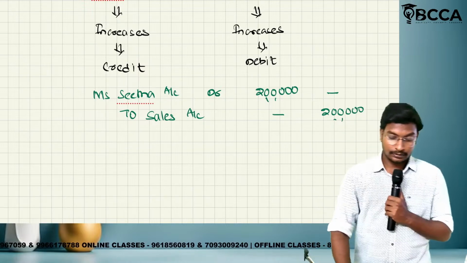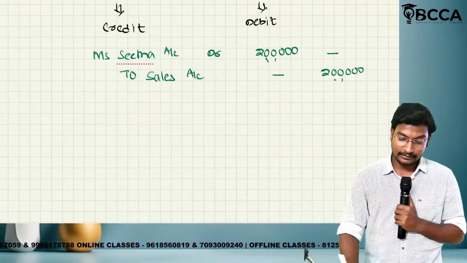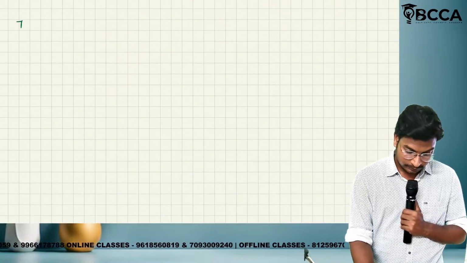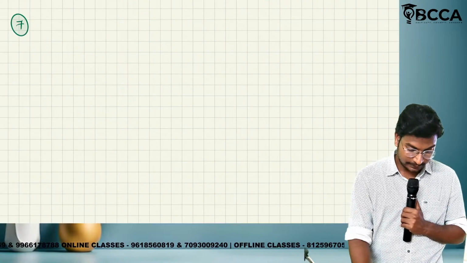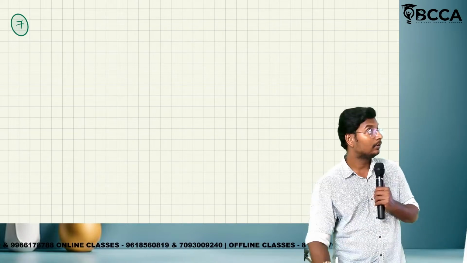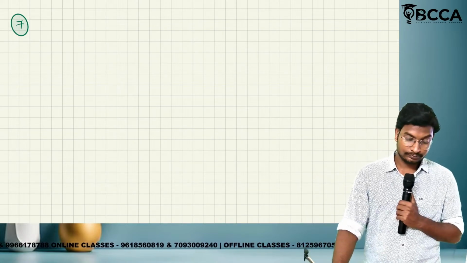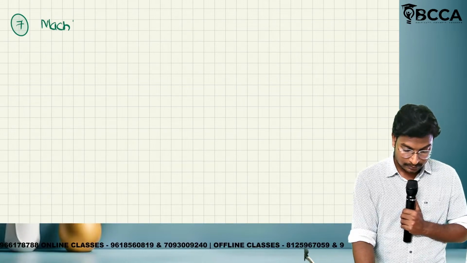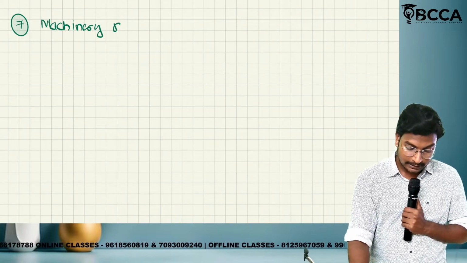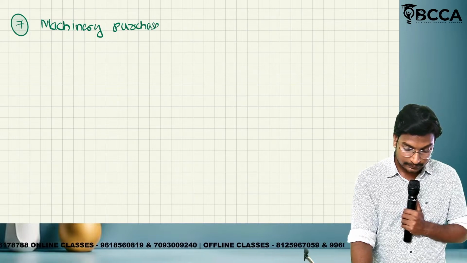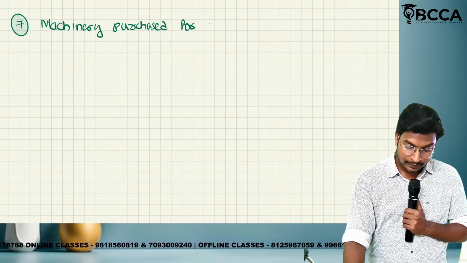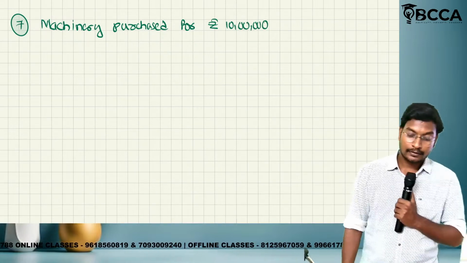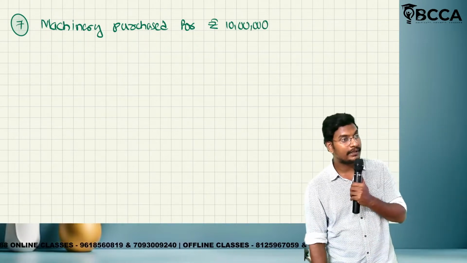Completed? So what was the next one? 7th transaction. Transaction number 7: machinery purchased for rupees 10 lakhs.